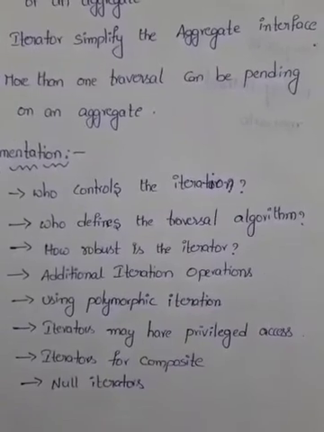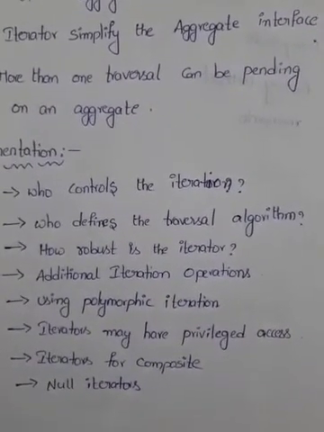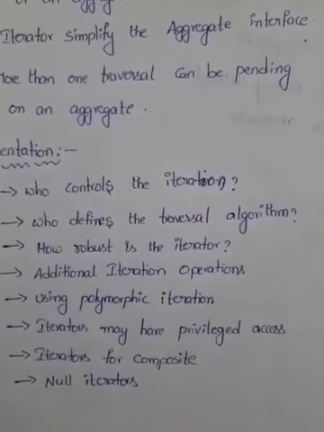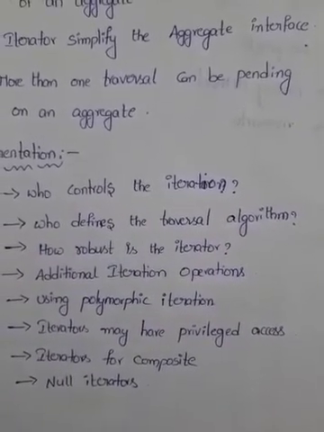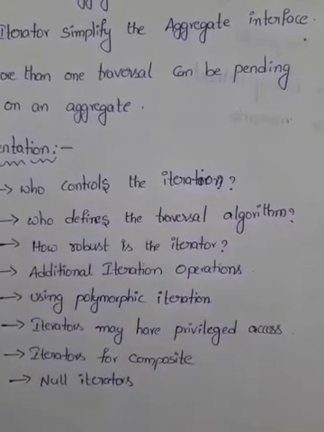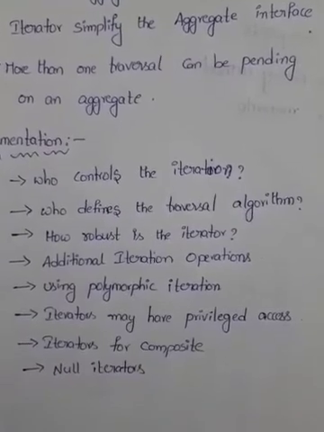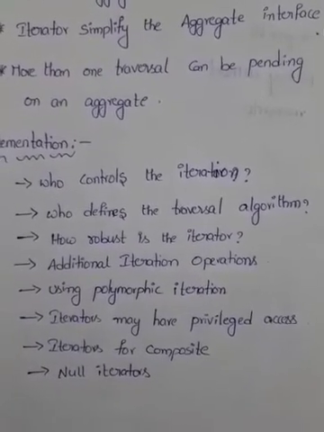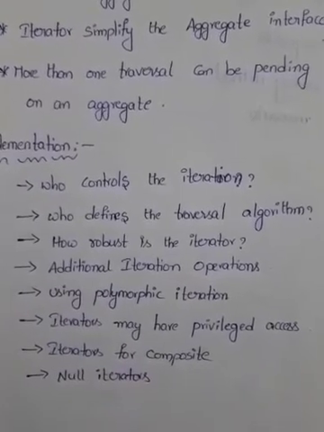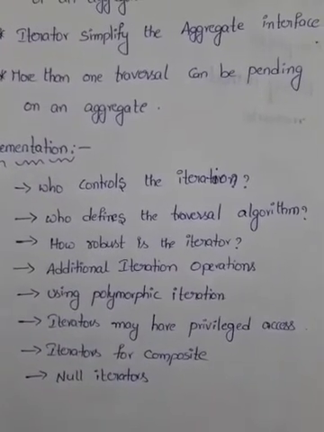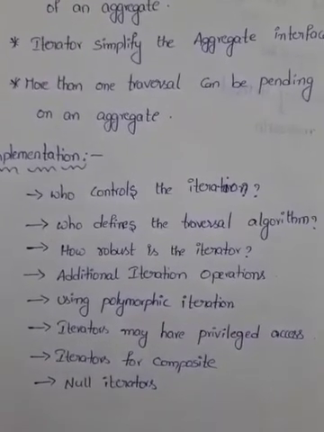External iterators can be difficult to implement over recursive aggregate structures like those in the composite pattern, because a position in the structure may span many levels of nested aggregates. And the next and the final one is the null iterator. A null iterator is a degenerate iterator that is helpful for handling boundary conditions. So, this is one of the main implementations.